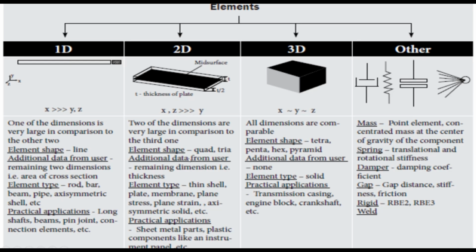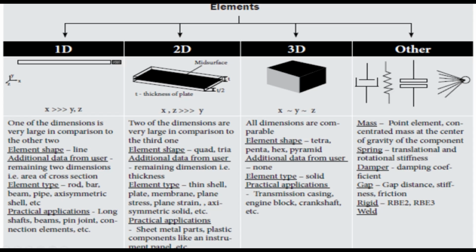Then the next one is the 2D. Here, two dimensions are much larger in comparison to the third dimension. For example, in this plate, the length and width are very large in comparison with the thickness of the plate. So we are going to use the 2D elements to mesh such types of geometries.